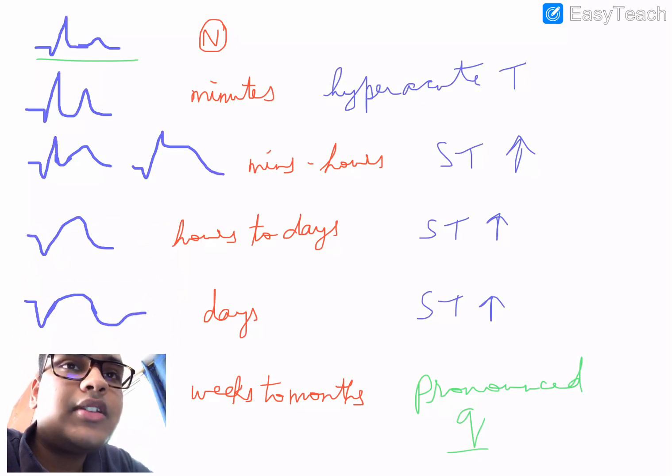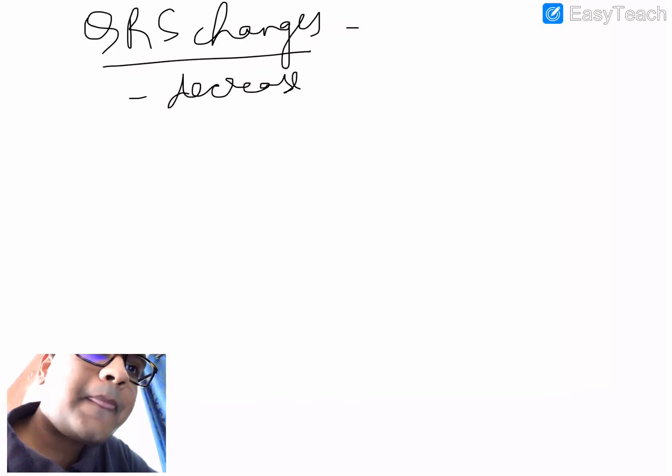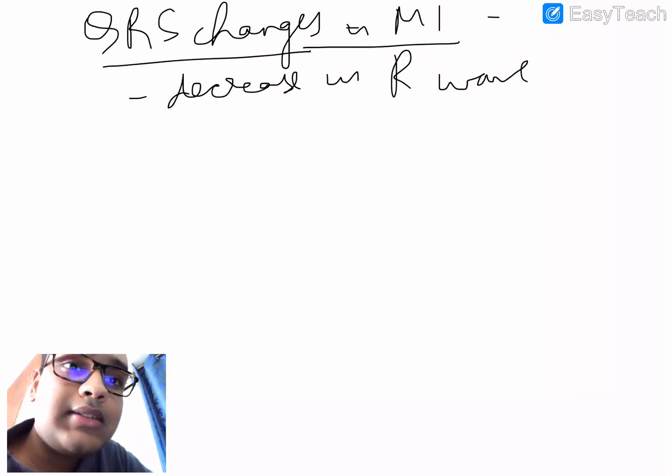Now coming to the other changes which can be seen in ECG. There are certain QRS changes. The first QRS change seen in MI is a decrease in R wave.